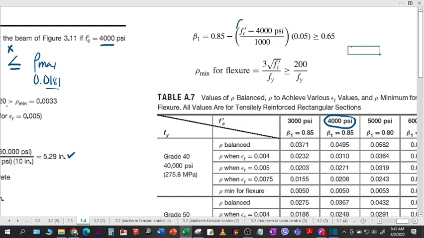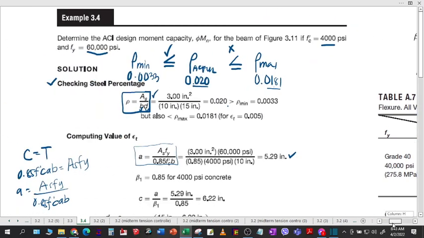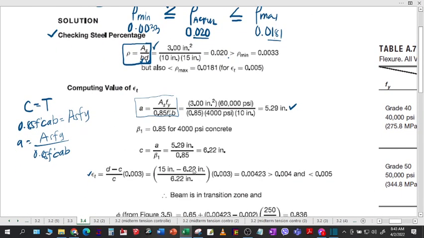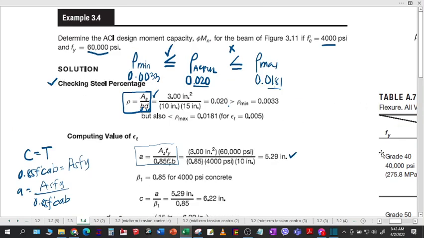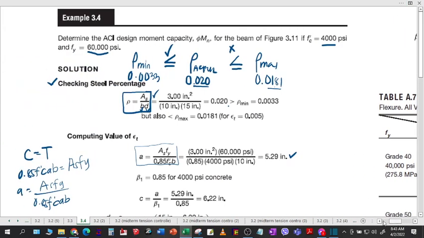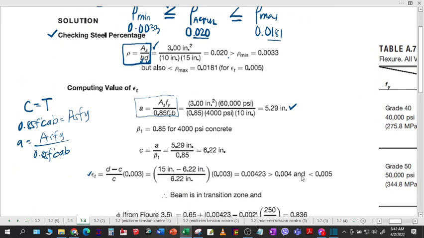But here our FC prime is already 4,000. So 4,000 minus 4,000, that is 0. So automatically our beta 1 is also 0.85, because this value here is automatically 0. Okay, so we have our beta 1.